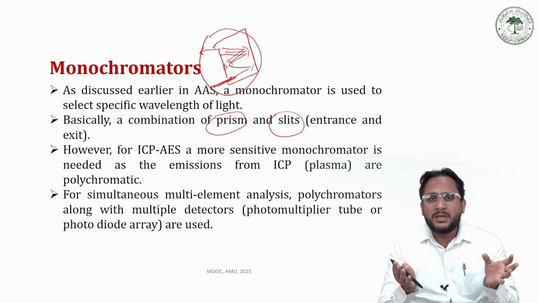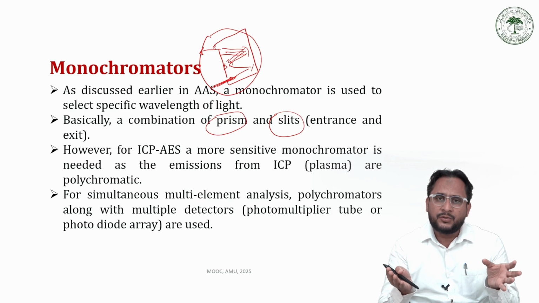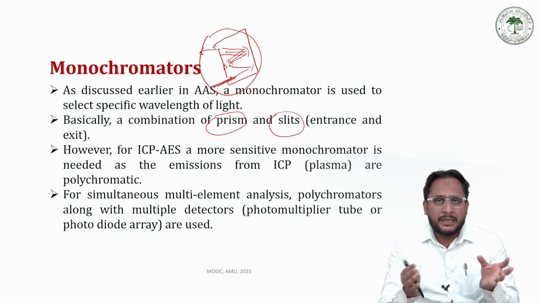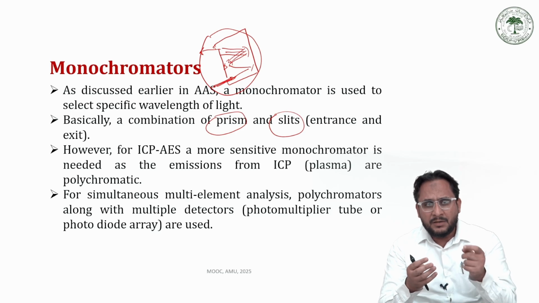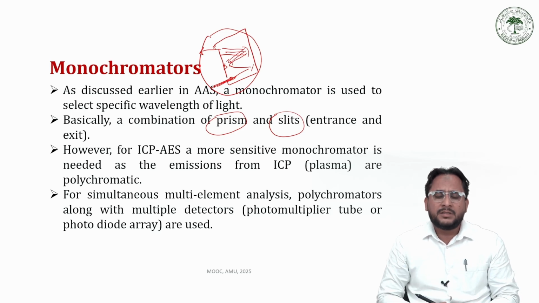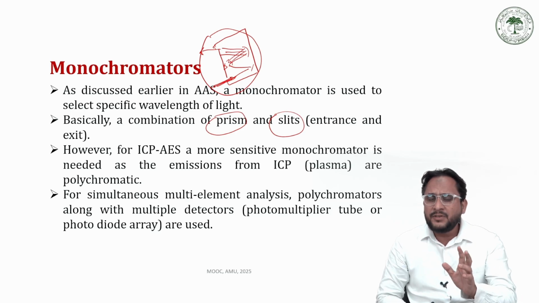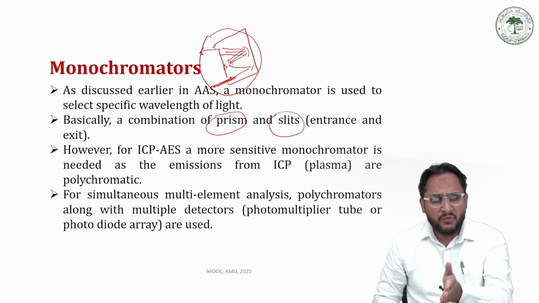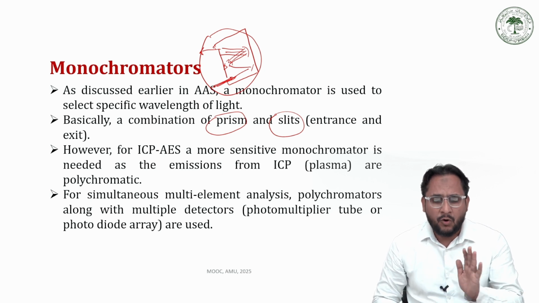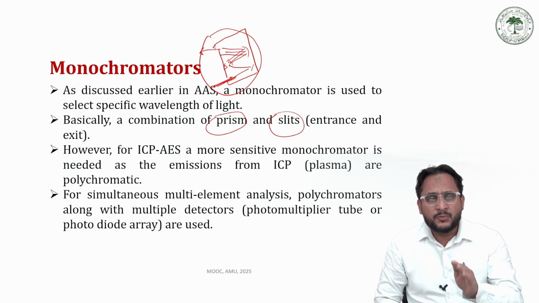So there are multiple purposes of an excitation source or an atomizer in AES. Therefore we'll discuss it in detail after discussing the monochromators briefly, because the monochromator has a specific function of selecting a wavelength. That's why I am discussing it before our excitation source, although this monochromator is placed after the excitation source.